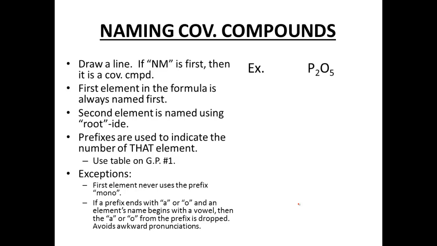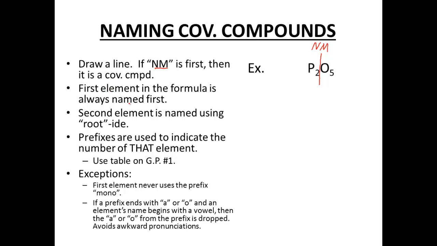Now just the opposite, going backwards, naming our covalent compounds. So first off, our example P2O5, draw a line. If it's a nonmetal, then it's a covalent compound. Phosphorus and oxygen are both nonmetals, so we know it's a covalent compound.